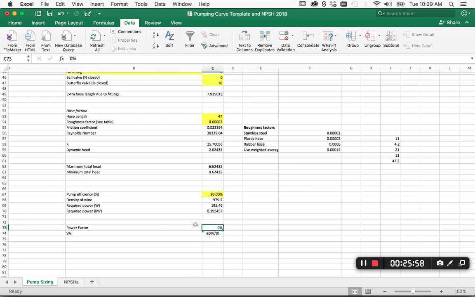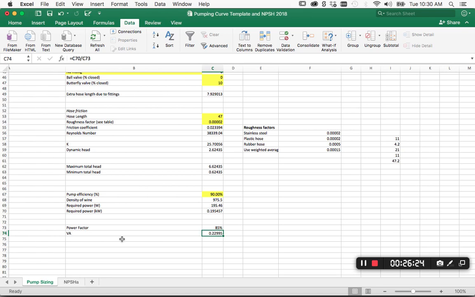Well, the final thing is how many volt amperes, so how much power actually has to be, or how much energy has to be provided by the power station to power our tasks. Here it asks you what the power factor is. Here I've put it in percent, but power factor is actually generally in just a decimal between 0 and 1. So a sort of standard pump would be about 0.85. Here it's 85%.